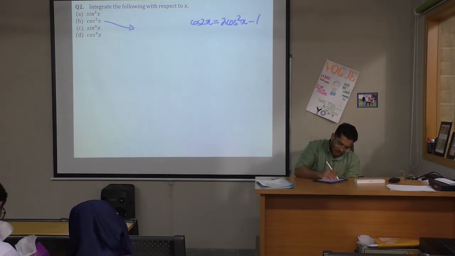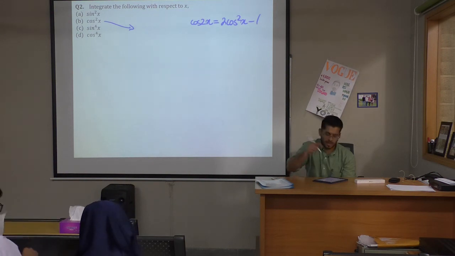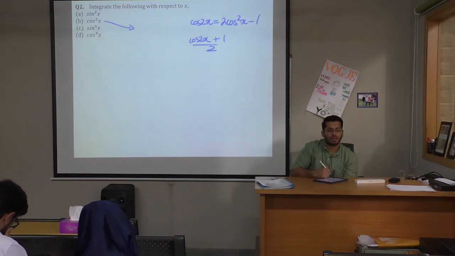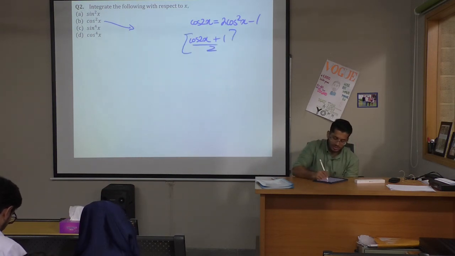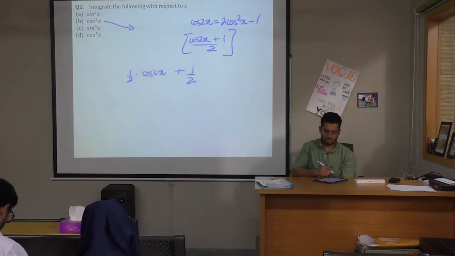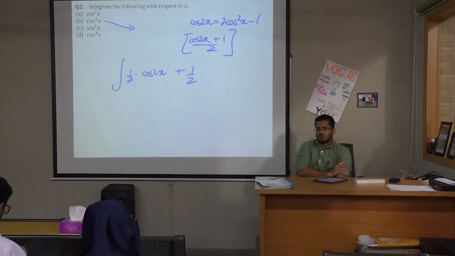So I know cos 2x is 2 cos square x minus 1. Let's make cos square x the subject: cos 2x plus 1 upon 2. Let's integrate this thing, which is half cos 2x plus half. What's the integration of cos 2x?